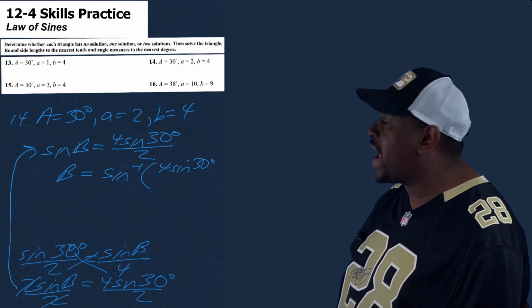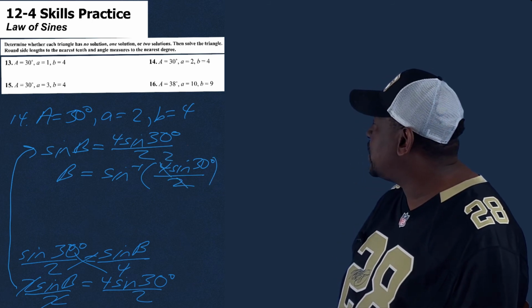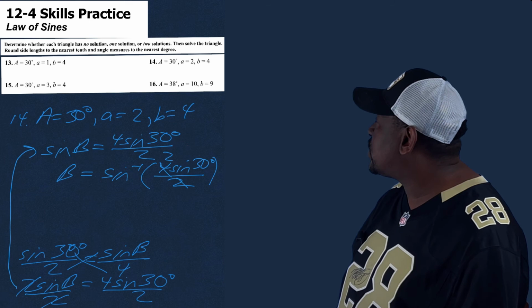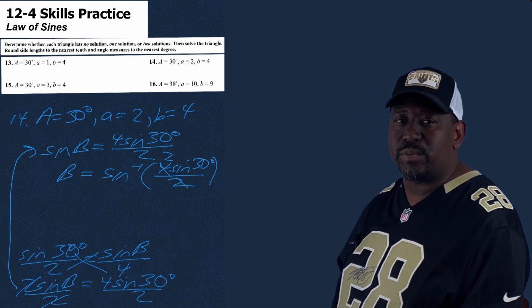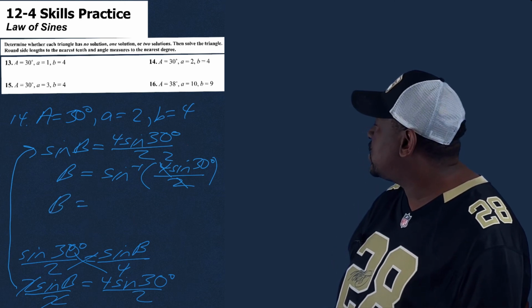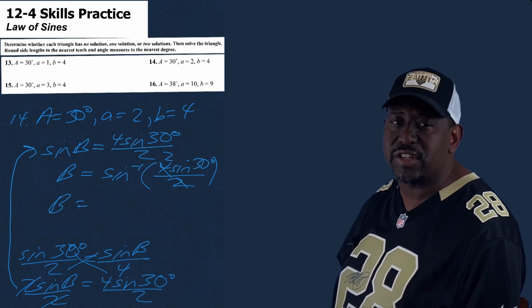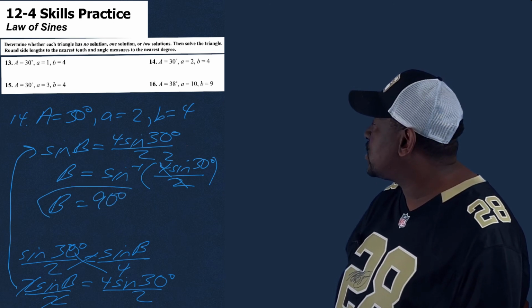We can factor the 2's out. And so actually, B is going to be equal to the inverse sine of 2 times sine of 30. And you just plug that into your calculator, and you will get that answer, and you can round it to the nearest degree. And so angle B is equal to 90 degrees.